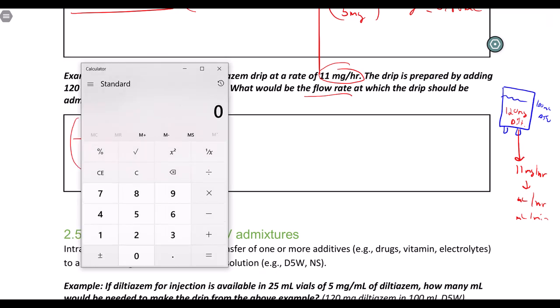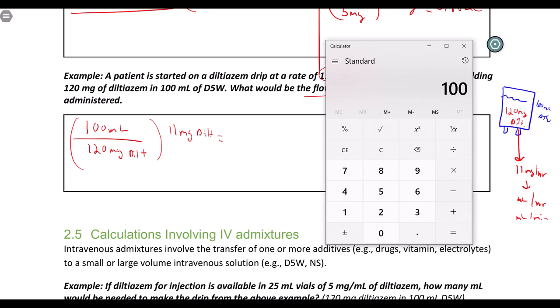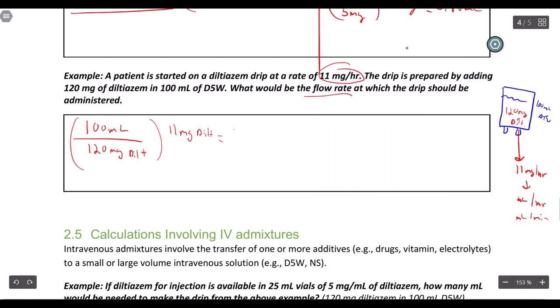So my answer here, 100 divided by 120 times 11, I'm going to get 9.16, basically 9.167 mLs. Now, 9.167 mLs equals 11 milligrams. So all I'm saying is that I want this amount of mLs per hour. 9.167 mLs per hour. Or you can say 9.2 if you want to estimate it. 9.2 mLs per hour. And you're done.